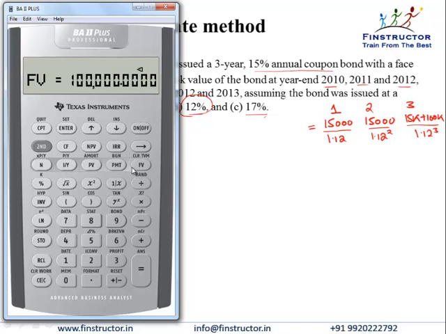So we've given our 4 inputs. The 5th one will be calculated for us. Press compute PV. So the present value or the price of the bond comes out to be $107,205. So we'll store this in the memory register 1 in case we need it for the future.